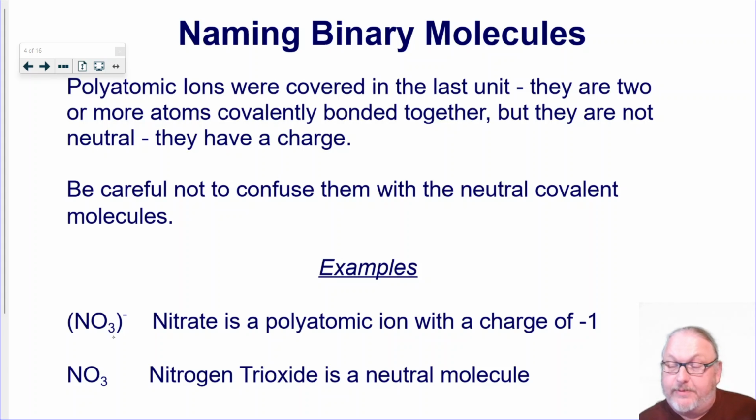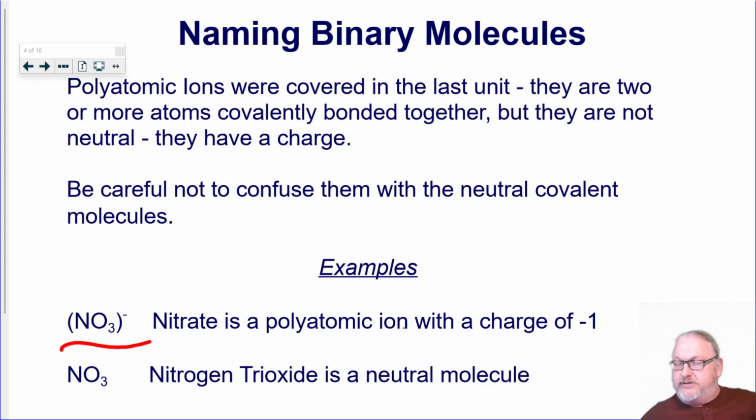Now the polyatomic ions, we talked about those last unit. There are two or more atoms that are covalently bonded together, but they're not neutral. They have a charge, which is why they're an ion. So make sure you don't confuse those with the neutral covalent molecules. So this is nitrate. You know how to find those on your formula sheets.